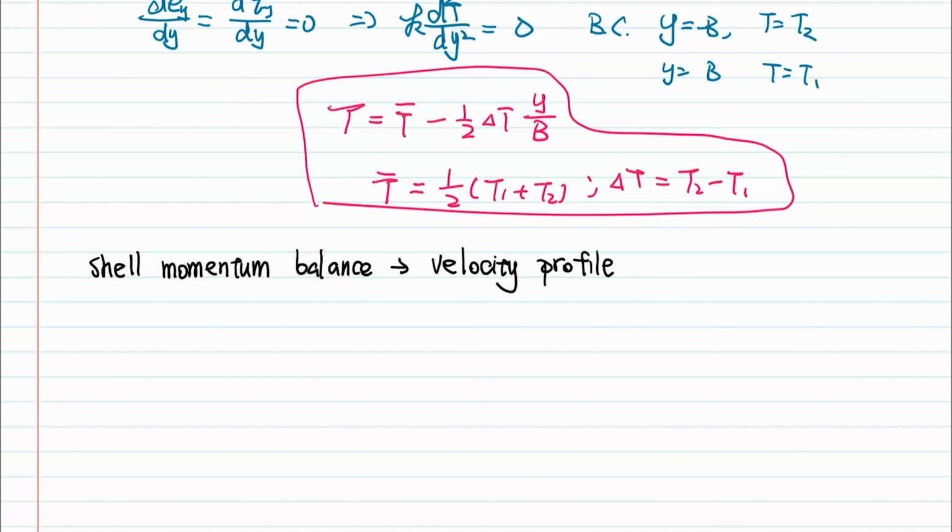So again, our first question is, how do we define the shell? Let's think about how momentum is going to be transferred here. Is it transferred in the z direction, the y direction, or the x direction? Obviously, there shouldn't be any transfer of momentum in the x direction. So let's look at the z direction and y direction only.